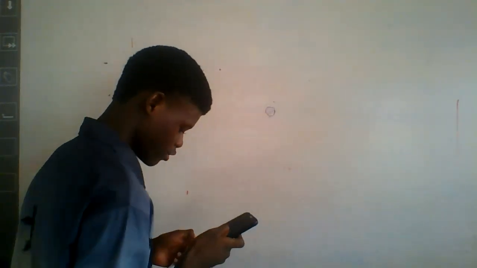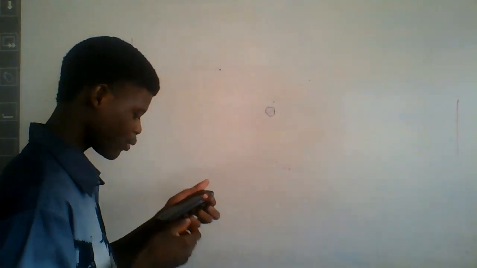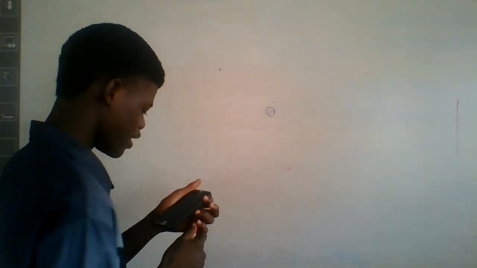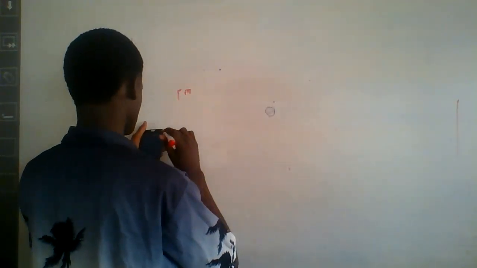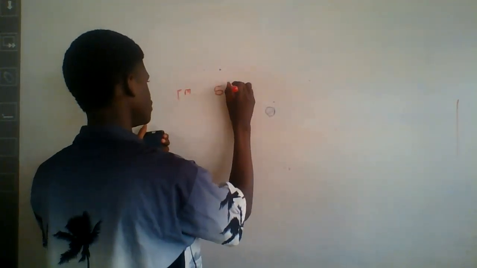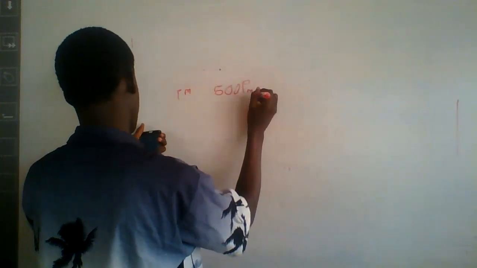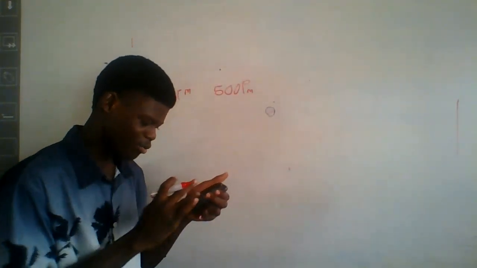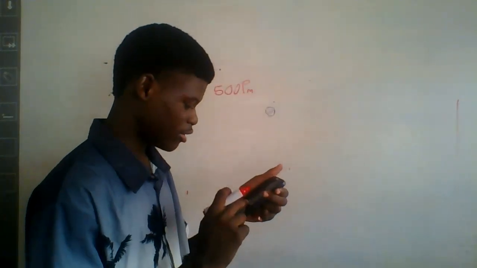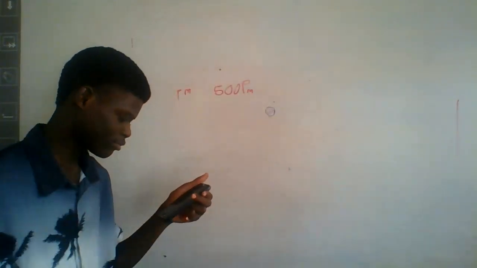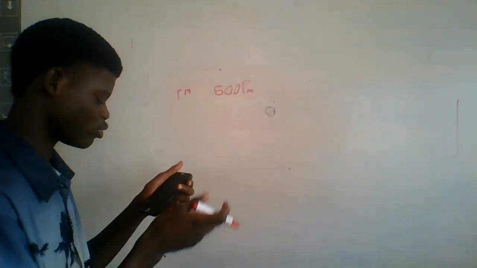I have no time. So how many pm is equivalent to 500 pentameter? There's a video I uploaded on the Semantics YouTube channel where I convert decimeter to pentameter.